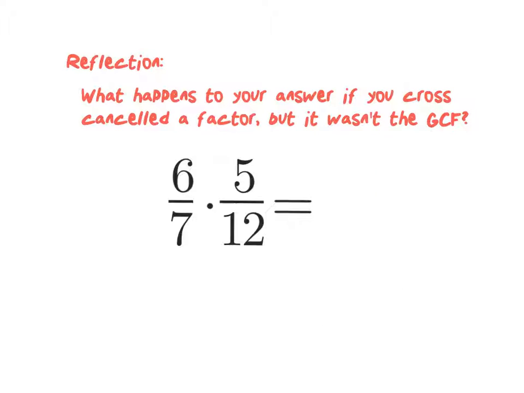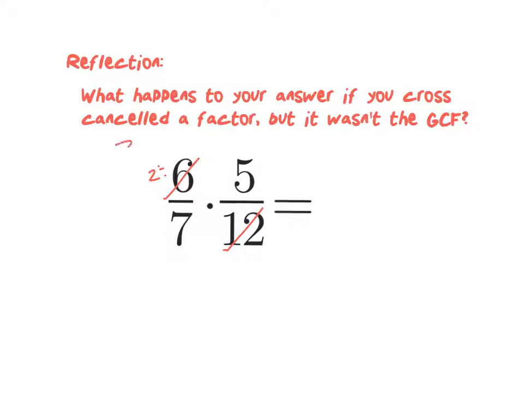Okay, another reflection. What happens to your answer if you cross-canceled a factor, but it wasn't the GCF? So here, I'm going to show you an example, and then I'm going to have you write your answer. For example, 5 and 7, I can't take out a factor, but 6 and 12, what if I took out a 2? Oh, sorry. I divide these by 2.